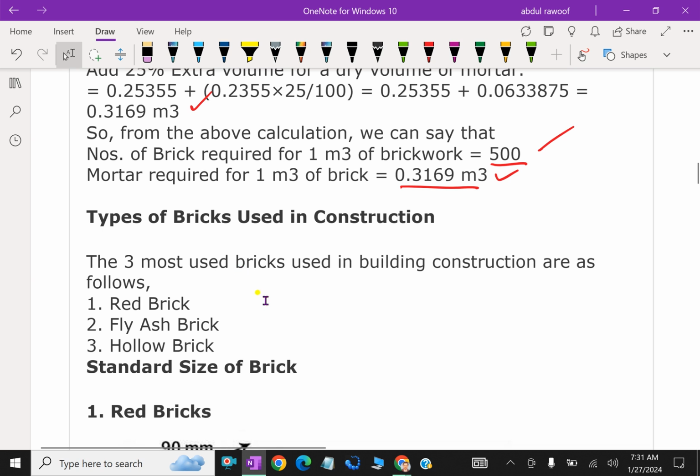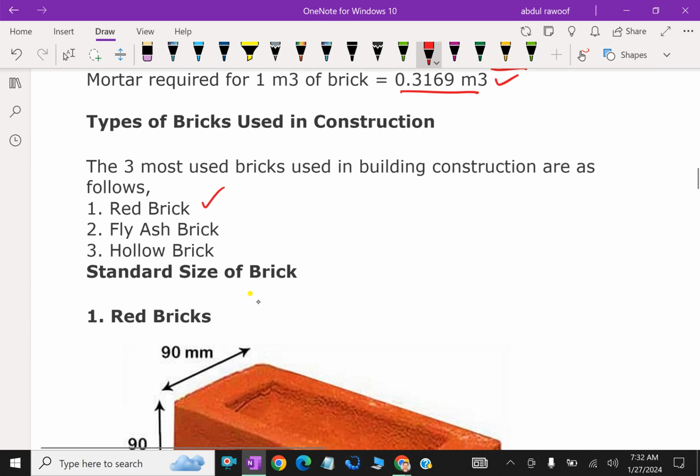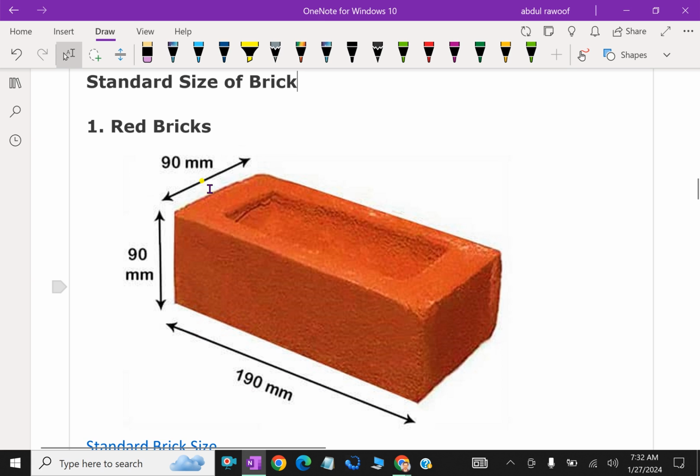Normally in India, the three most used types of bricks for building construction are red brick, fly ash brick and hollow bricks. Here is the standard size of the red brick: 190 mm, that is 19 centimeter, height 90 mm, that is 9 centimeter, and width 90 mm, which is 9 centimeter.